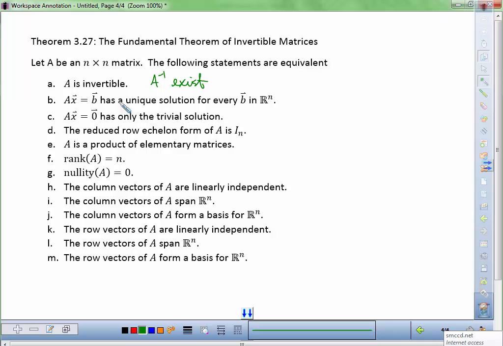That makes sense because A inverse exists. So X is equal to A inverse applied to B. So that's your unique solution.